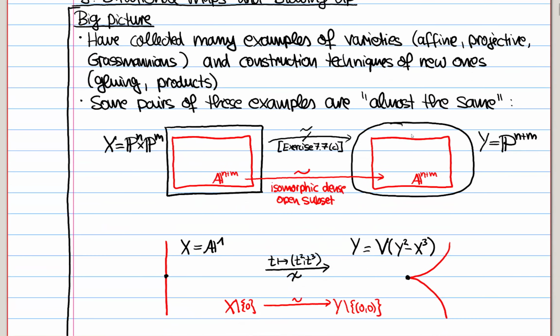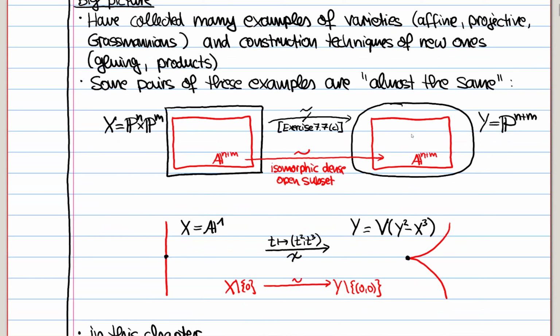And what we do in this chapter is look at some pairs of examples of these varieties, which are almost the same. So, for example, you can take X, the product of Pn and Pm, and Y, just the projective space Pn+m. So we know these are both projective varieties.